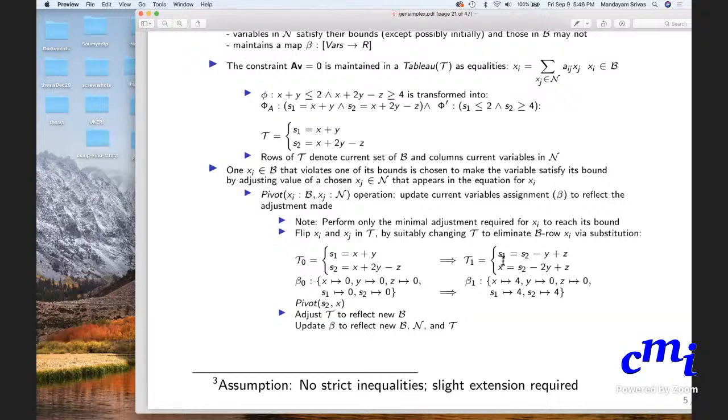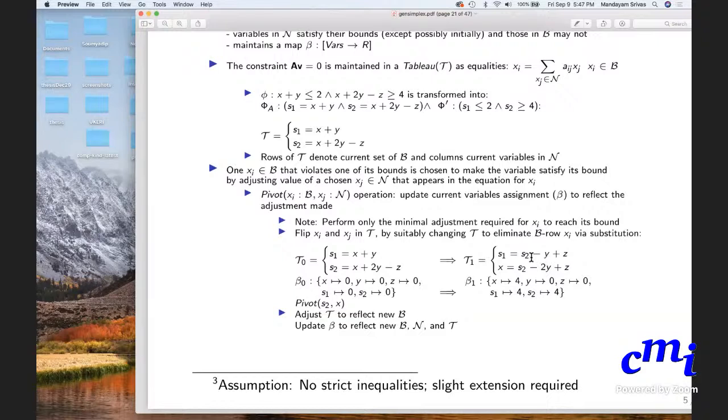So variables are moved around such that each basic variable is defined in terms of the new set of non-basic variables, which in this case includes S2.